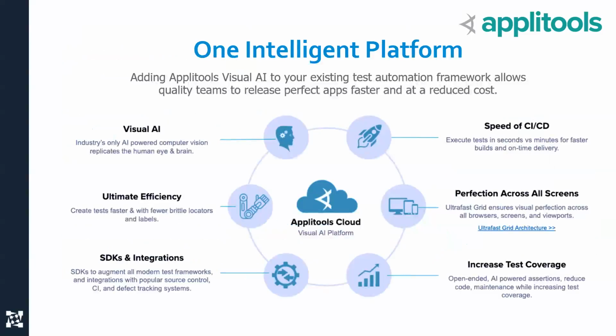So how do we do it, right? This is the Tools platform, and adding Tools Visual AI to your existing test automation framework, especially like what you'll see here today with Parasoft Selenium, allows quality teams to release perfect apps faster and at a reduced cost. At the heart of our platform is visual AI.